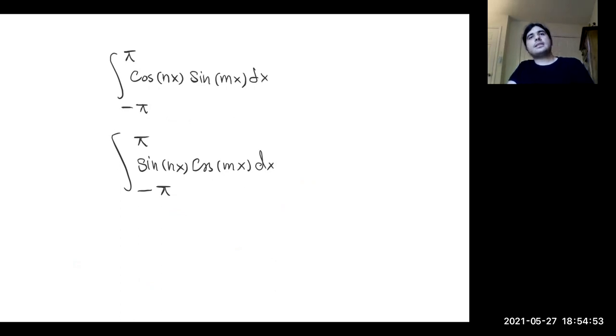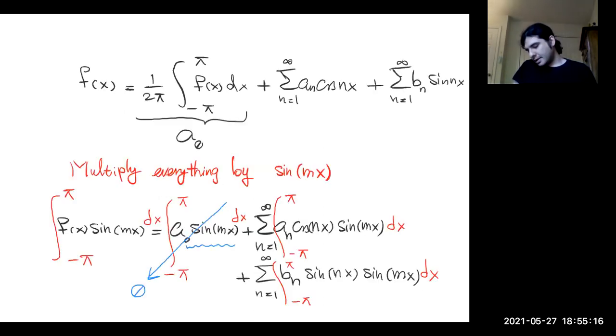The good thing is that these integrals are easy to compute. For example, the first integral, cosine of nx sine of mx from minus pi to pi, is always 0. So going back to our equation, that means all of these terms are equal to 0.